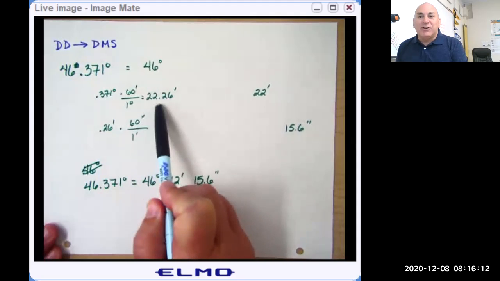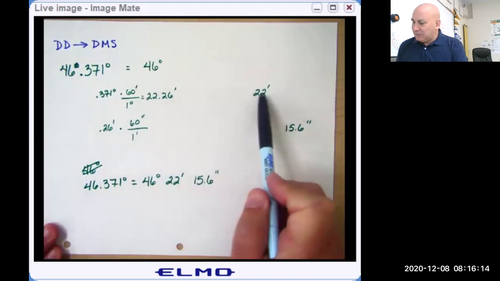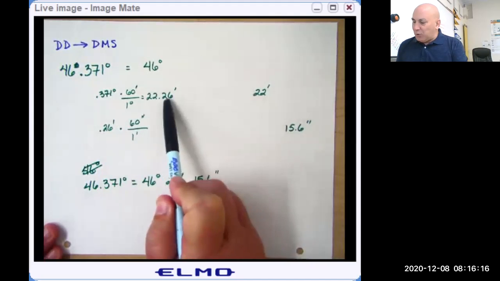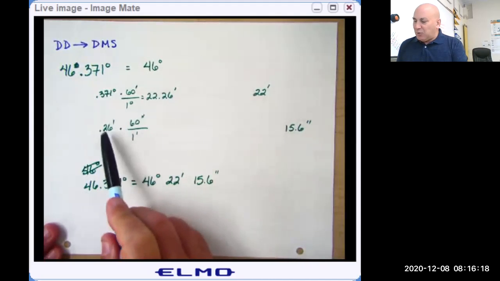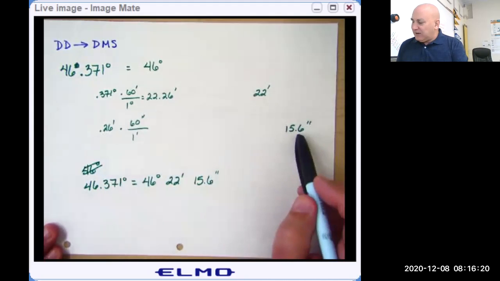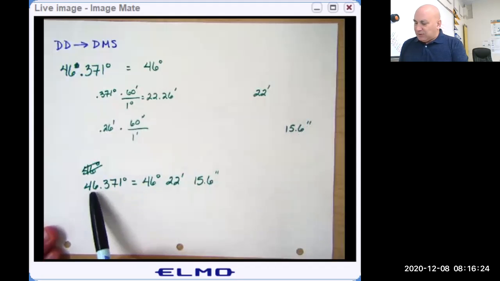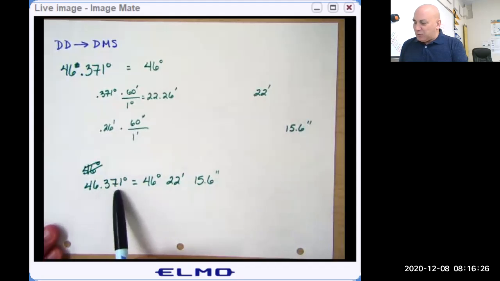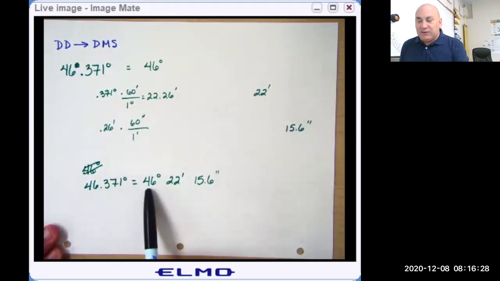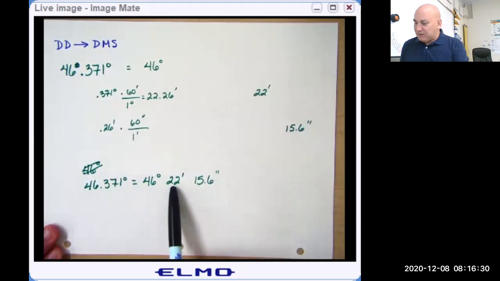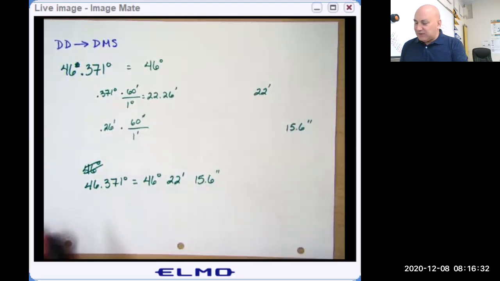Well, it's got to be 22 minutes. So you're left with the 0.26 minutes. 0.26 times 60, 15.6 seconds. So 46.371 degrees is 46 degrees, 22 minutes, 15.6 seconds.